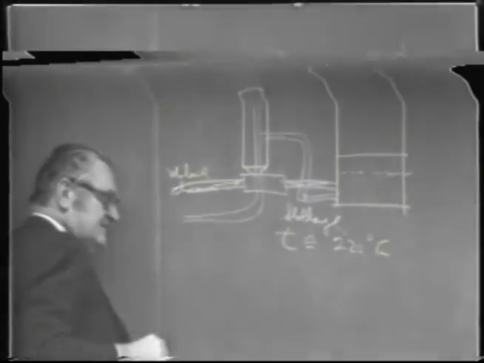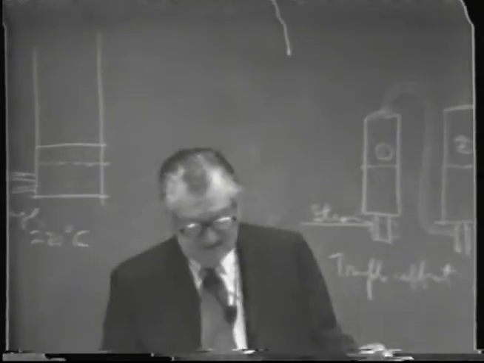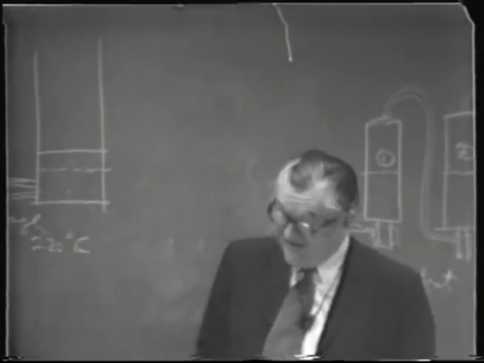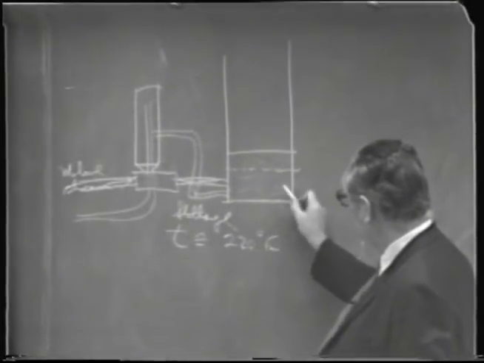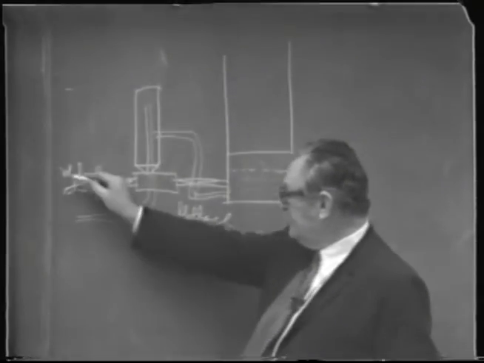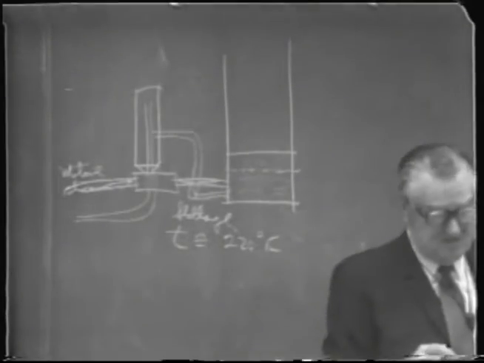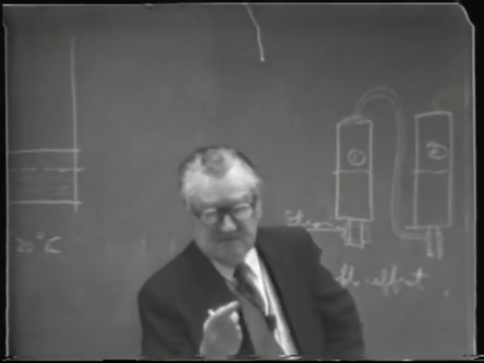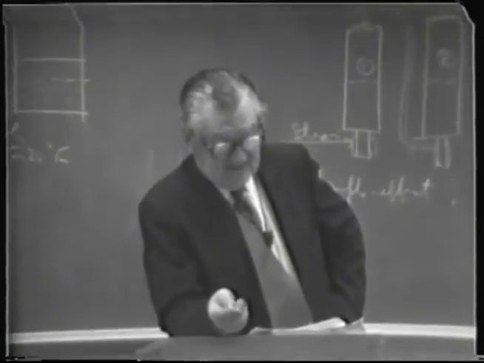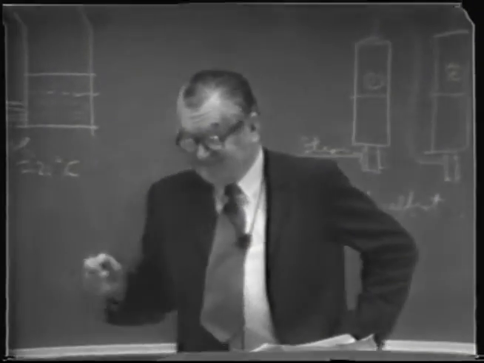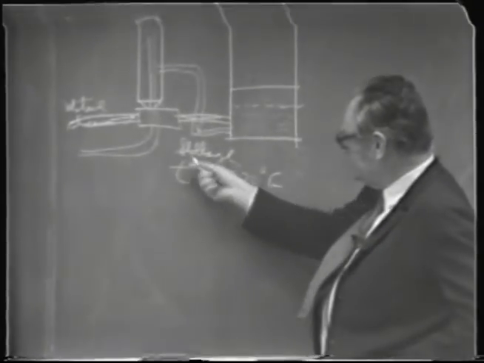So the question I was asked here is, is there some limitation on the amount of vapor we could flash off of this boiling liquid in reference to the amount of steam supplied here? Well, the answer is yes, because the only heat available for heat economizing is the sensible heat of this liquid.